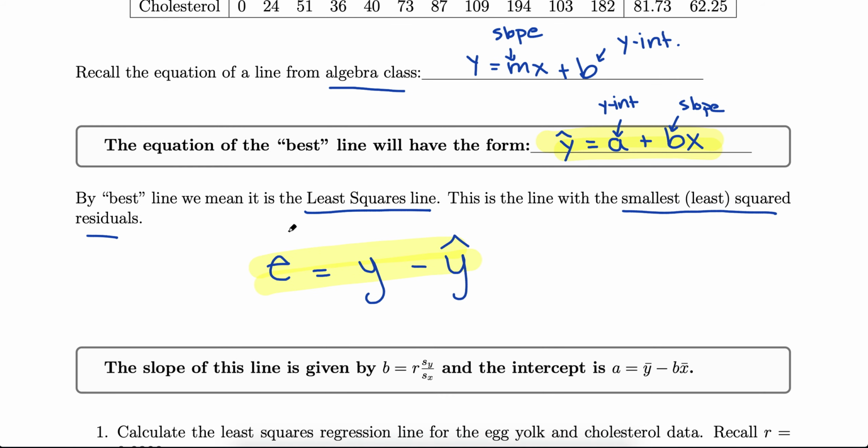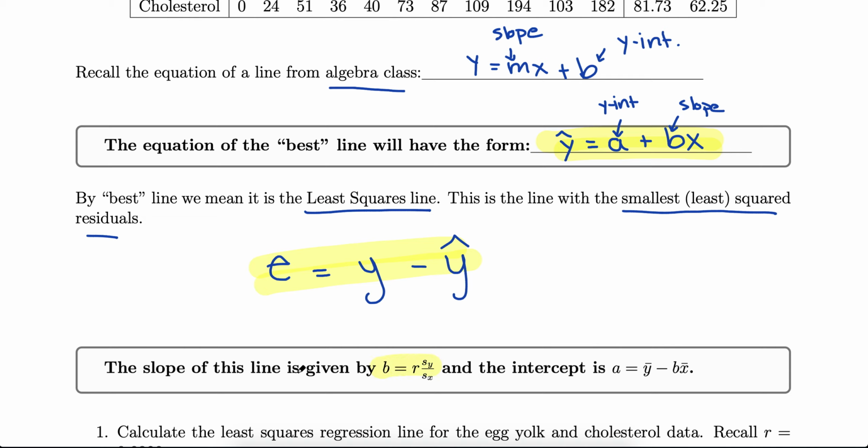So now we know the best line is the one that has the smallest overall error, or distances of points to the line. We need to figure out, with that criterion, how to find the formulas for the intercept and the slope that give us that best line. If you've had calculus, that's how we do it, but I'm not going to go into that in this course.